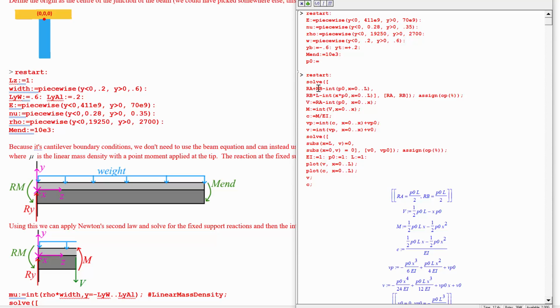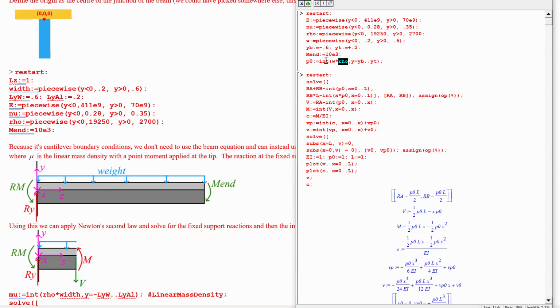This would be equal to the integral of the width times the density from y equals yb to yt. Why is this? This is an integral over the cross-sectional area, right? We're integrating all the y values multiplied by the width and the density.